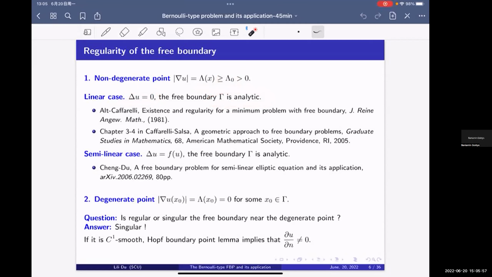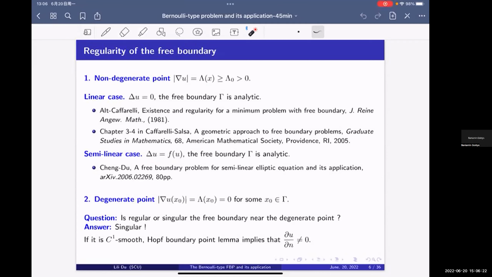Very recently, we have shown the same result for the semilinear case, Laplace u equals f(u), where f is a given vorticity function.